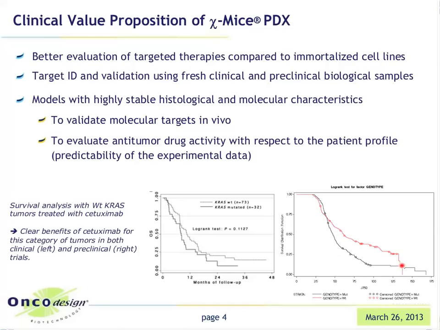And this is exactly what we have reproduced with our collection of colorectal models. Here you have the mutated KRAS, and here the wild type KRAS, and both are treated with cetuximab, and there is a clear benefit in the subpopulation with the wild type KRAS.